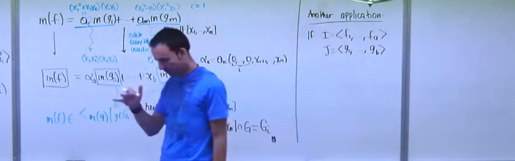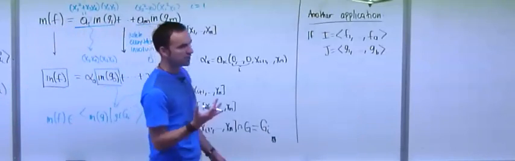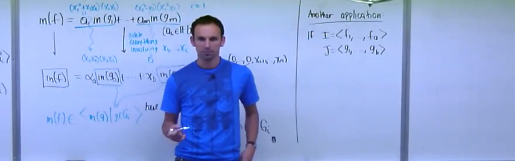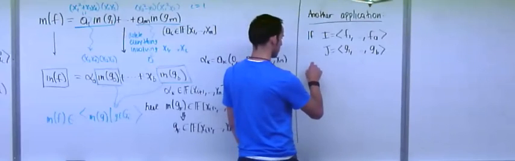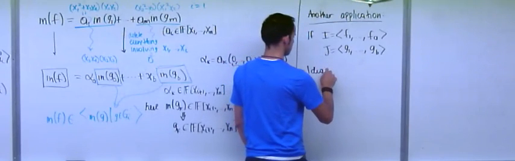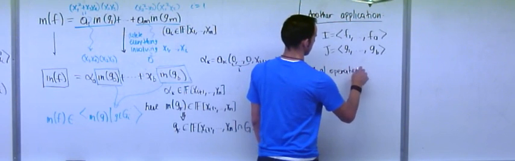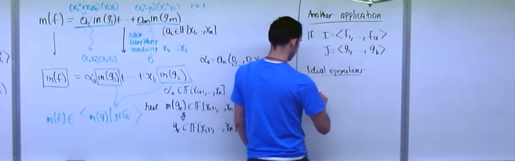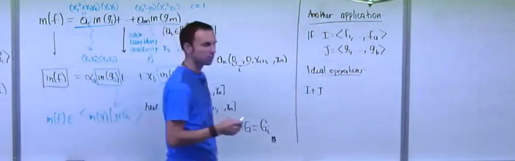Now you might remember from your ring theory class that given two ideals, there are several ways of constructing new ideals out of them. So here's some ideal operations. For example, you can add two ideals and show that that's an ideal.